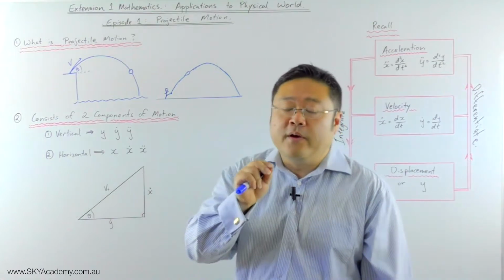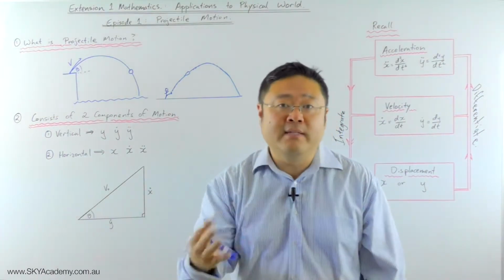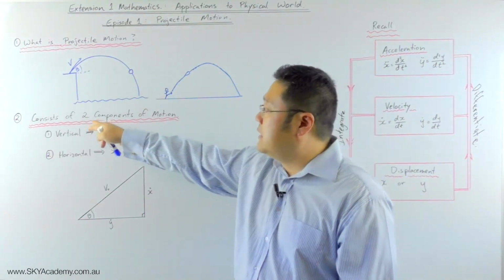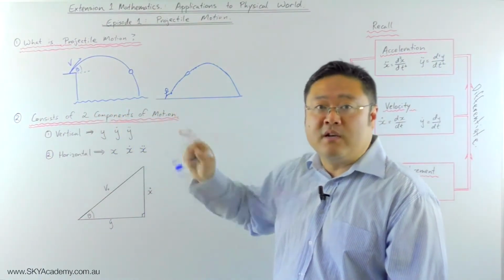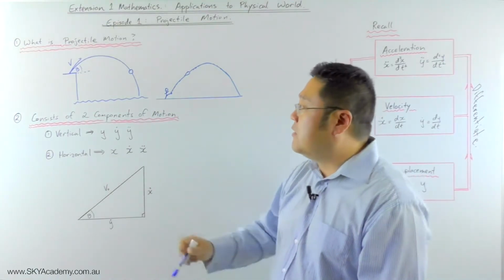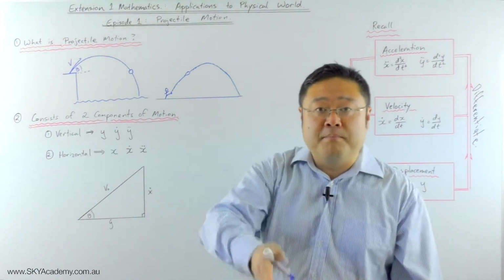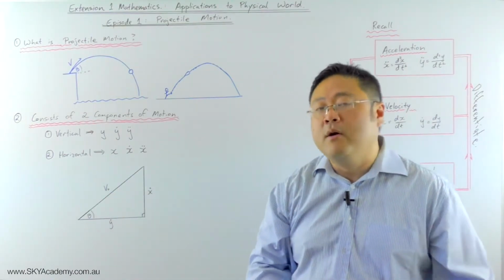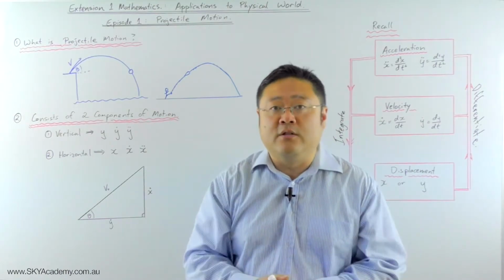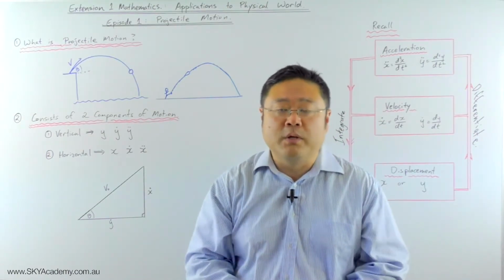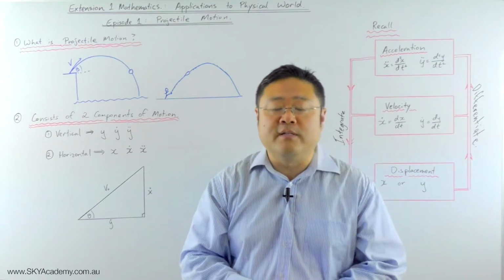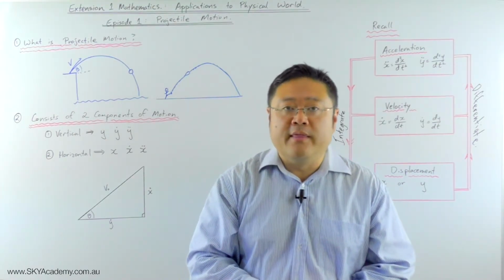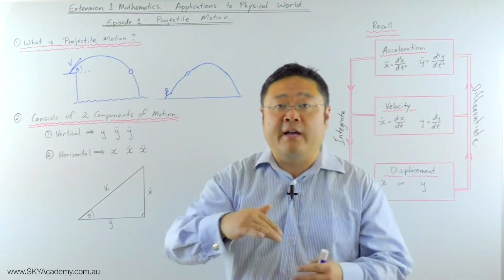The important part to recognize when we're dealing with projectile motion is that we're dealing with 2 components of motion. There is the vertical component, which is the up-down component, and the horizontal component, which is the left-right component. We can break this down using another topic, which we call vectors. A vector is some quantity that has both magnitude and direction.